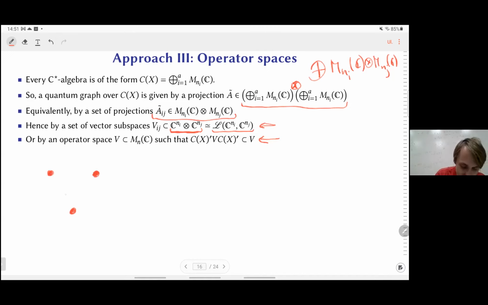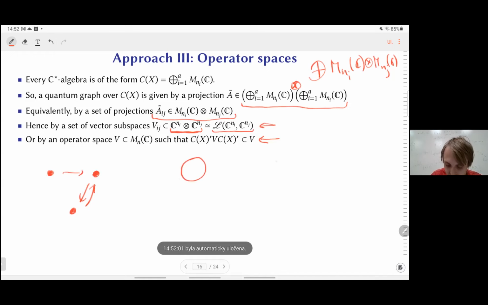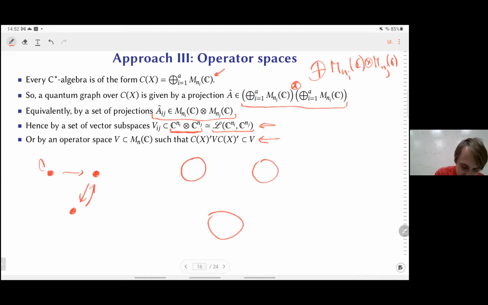So classical graphs, as I said, are just vertices, and between those vertices you have some edges like this. And from this you can see that a quantum graph looks like this: you have some sort of quantum vertices. Those are the summands here.